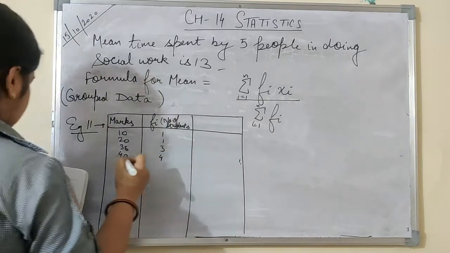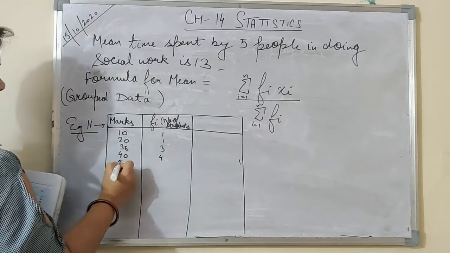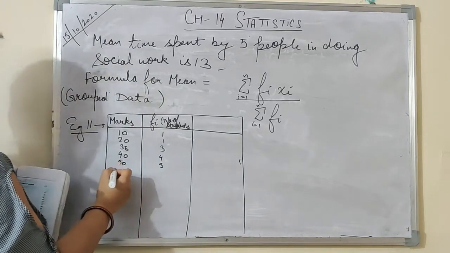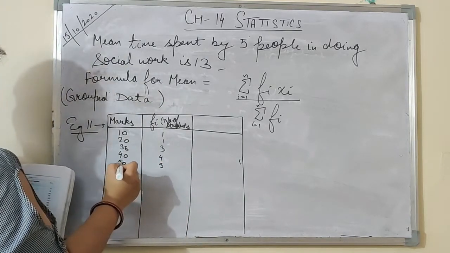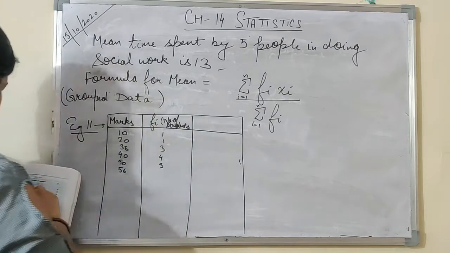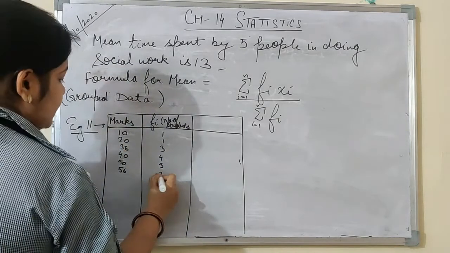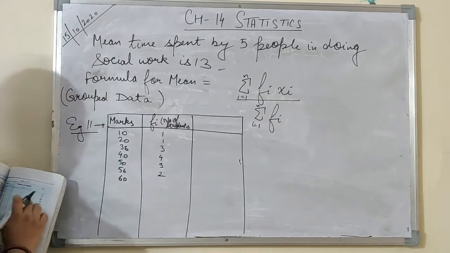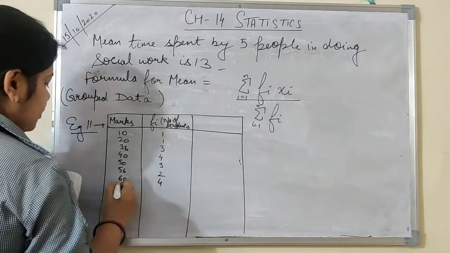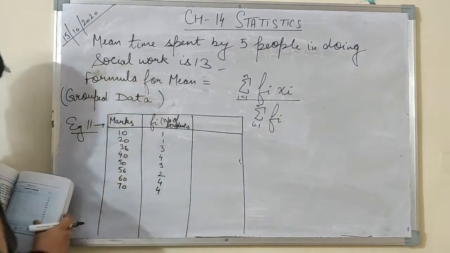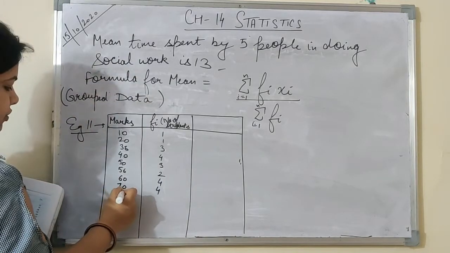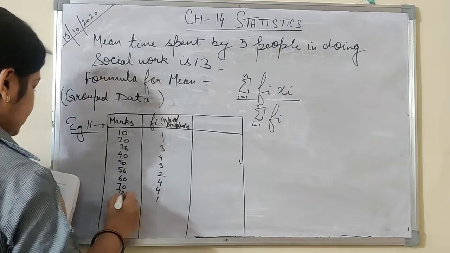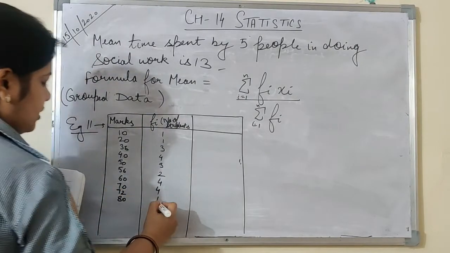40 is for 4. Then for 50 it is 3. Then for 56 it is 2. Then for 60 it is 4. Then for 70 it is again 4. Then for 72 it is 1. Then for 80 it is 1.